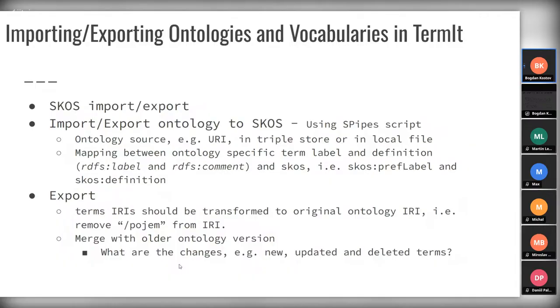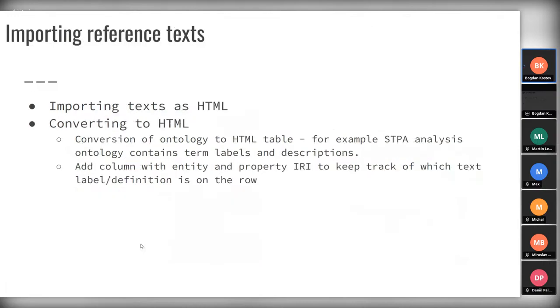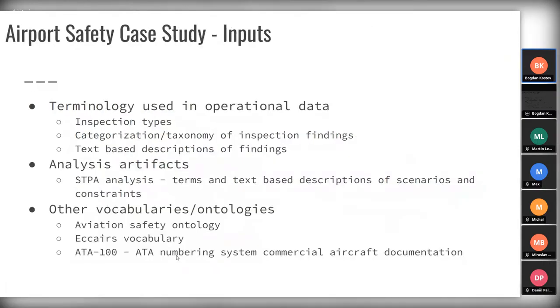But yes, we can have a pipeline that processes some sort of table, a CSV table, let's say, or an Excel table, into SKOS. So that could be complementary to this, working with the ontology.